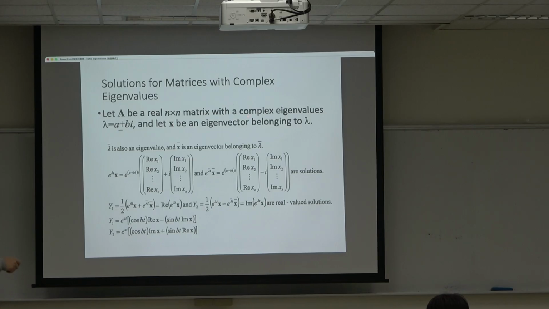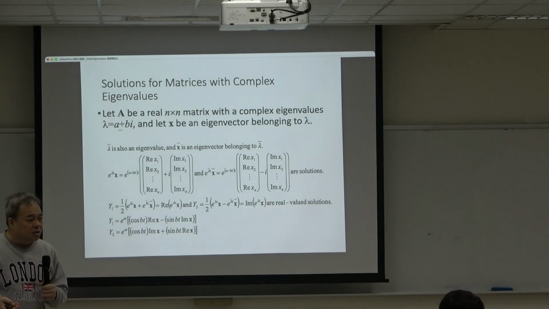If you have an eigenvalue lambda equal to a plus bi, you could imagine a minus bi will be another eigenvalue, right?